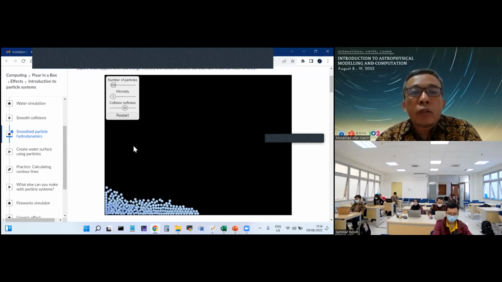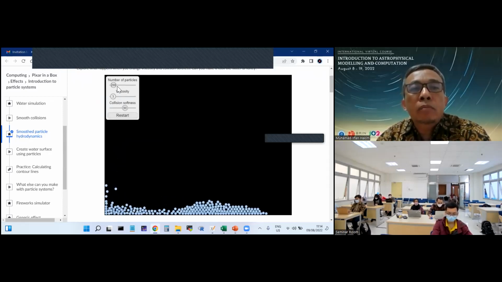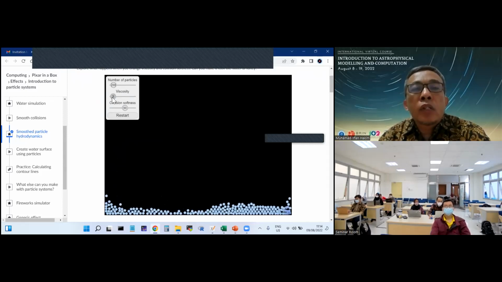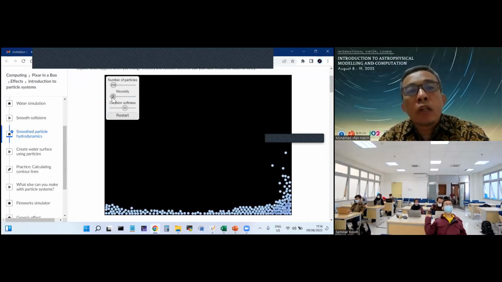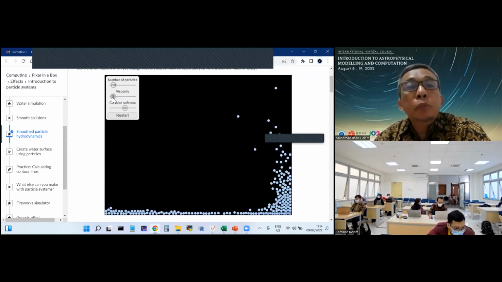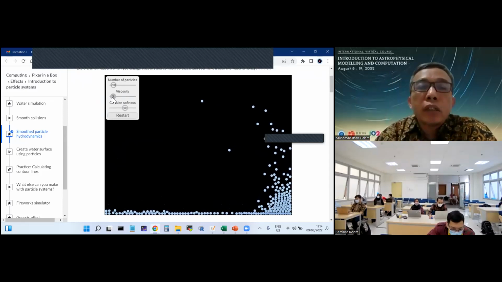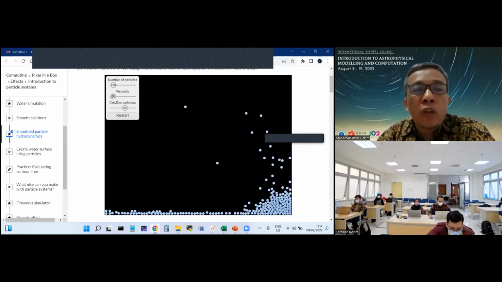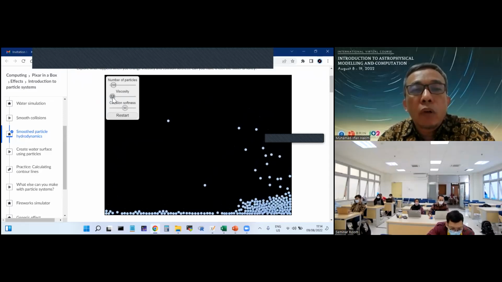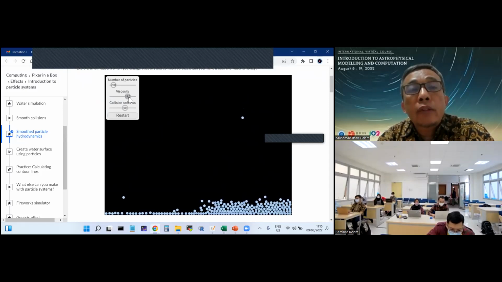The simulation, this visualization have 3 parameters: number of particles here, viscosity. For example, if we supply by viscosity, like viscosity in water, maybe 3 or maybe 1 or 2, but for honey, for example, we have to increase this viscosity value.